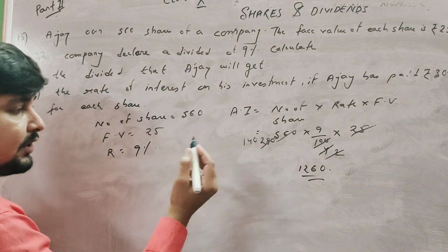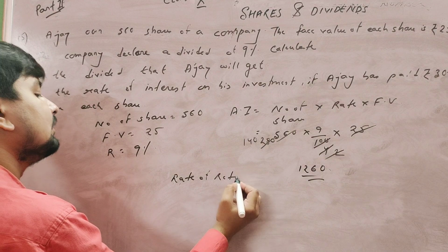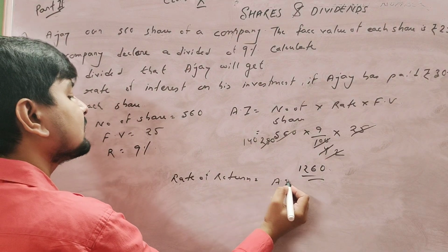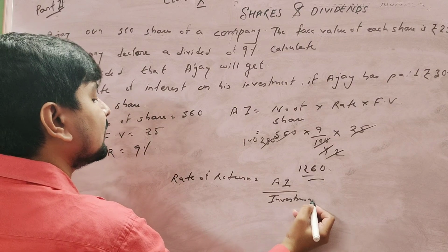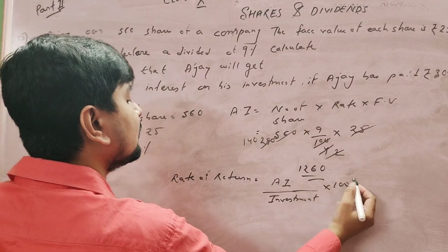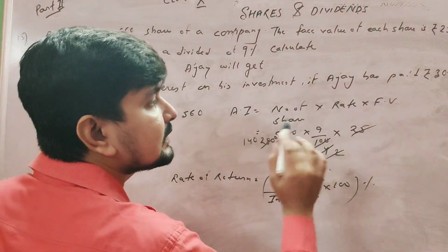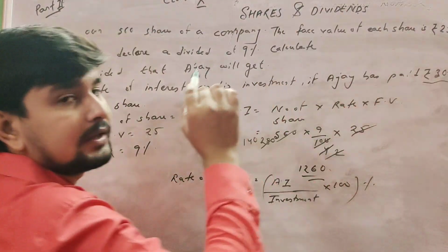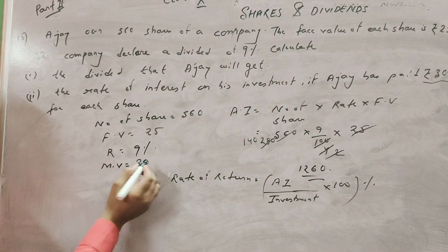Calculate the rate of interest. Rate of interest means rate of return. The rate of return formula is annual income by investment into 100. Clear? If Ajay has paid rupees 30, that is the share market value is 30.